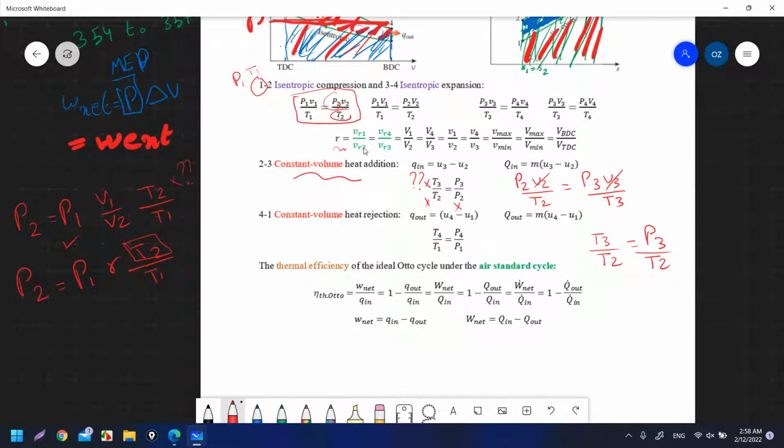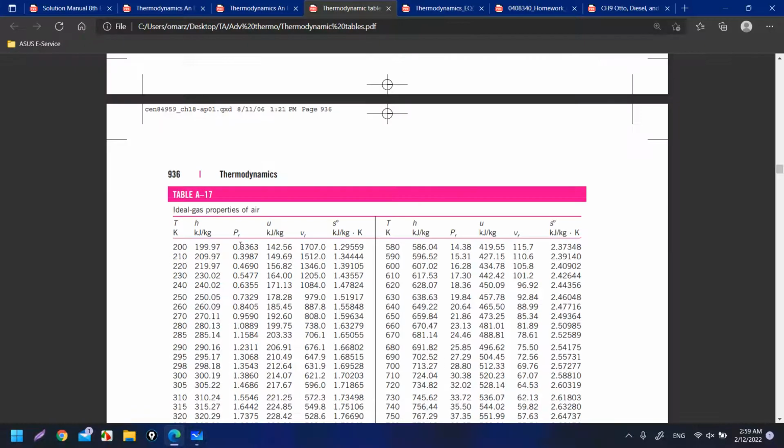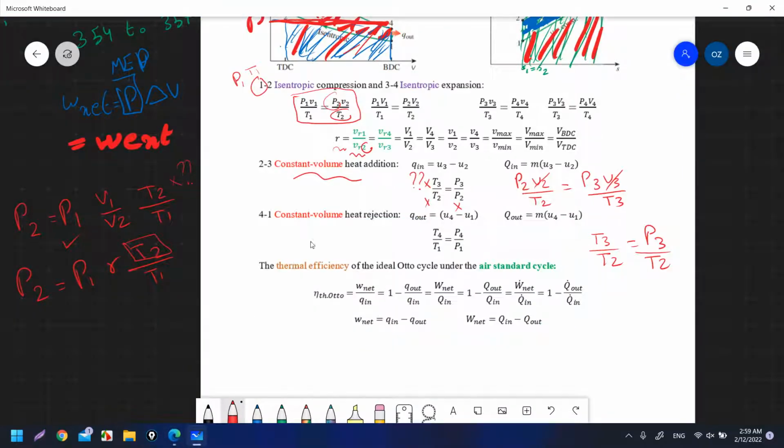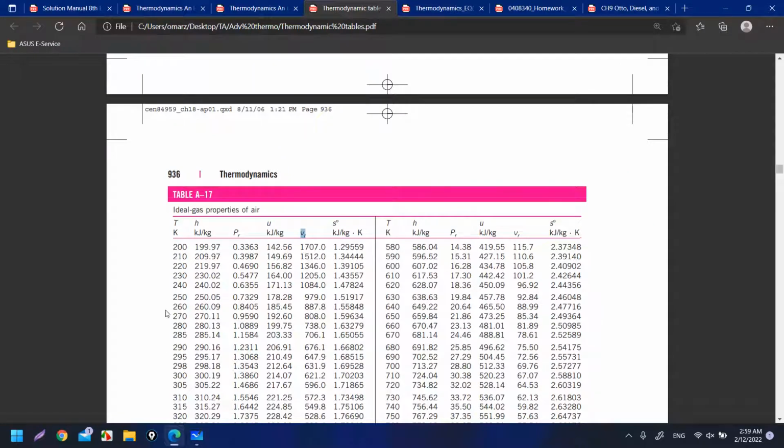If I find vr2, the relative volume, I can find T2 directly, because in table A17 I only need one property at that state to find any other property. If I have vr2, I can find u2, Pr2, h2, T2, s°2. But I don't have vr1. However, vr1 is at state 1 and I have the temperature at state 1 given in the question.